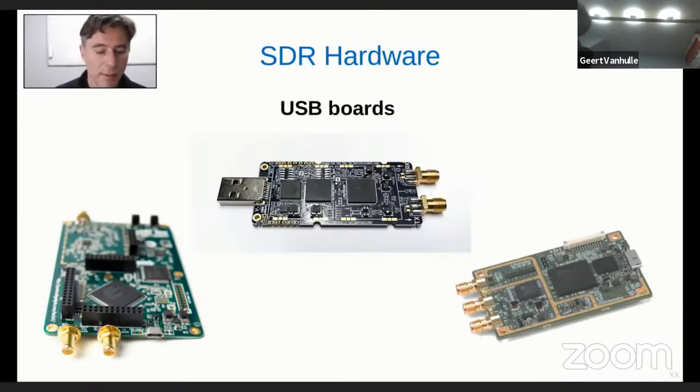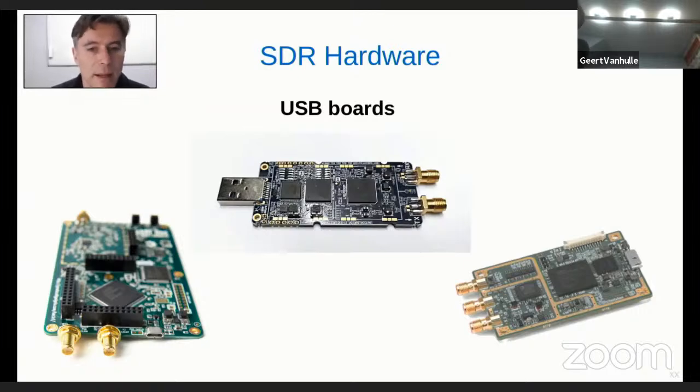These are some examples of software-defined radio hardware boards. So we see here typically it's a USB board. Depending on if it's an RX and TX combination or RX only, we have, for example, an RX and a TX input for the receive and the transmit.